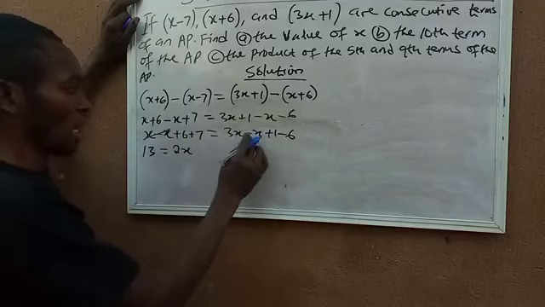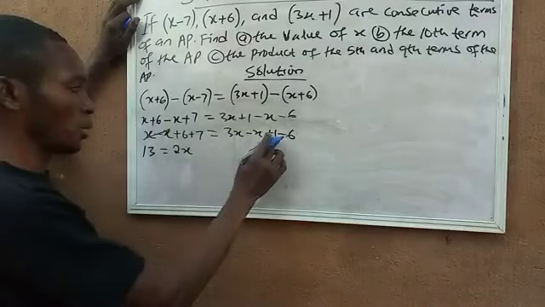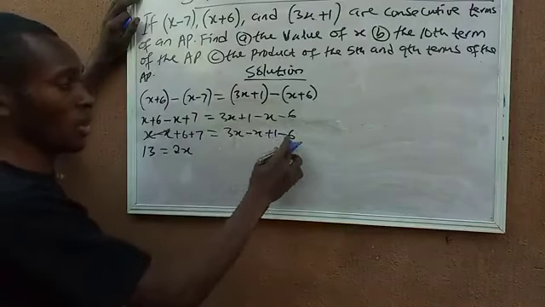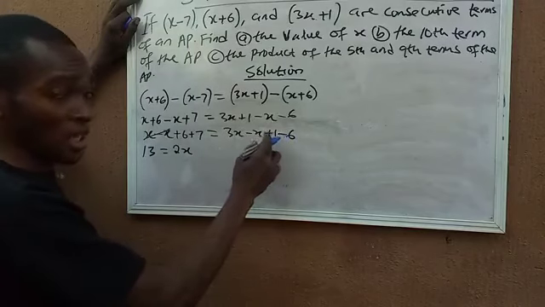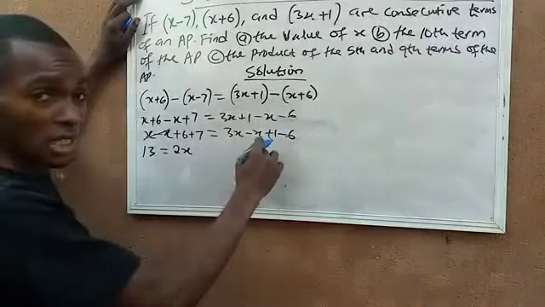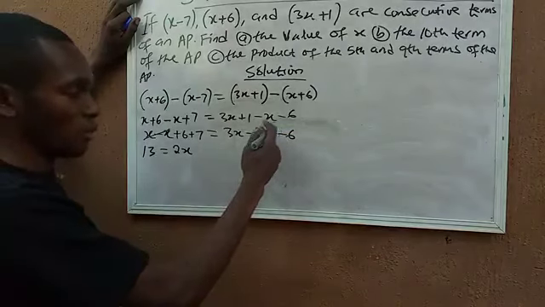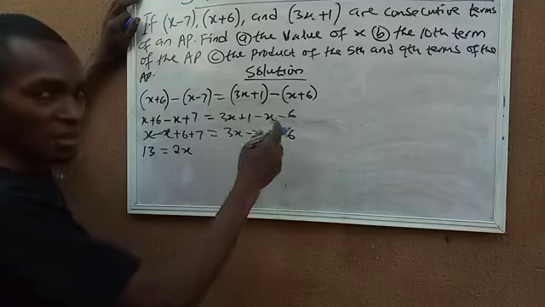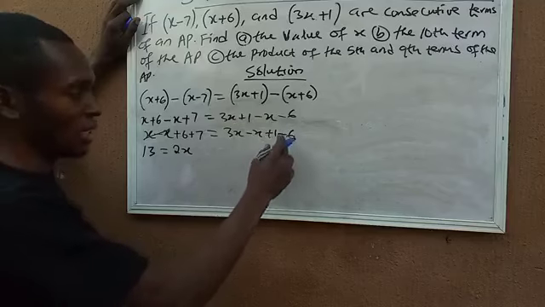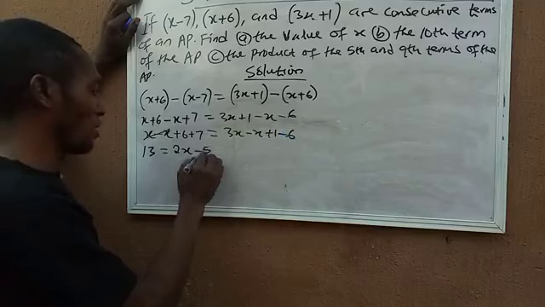Now we have plus 1 minus 6. Anytime you have a negative and a positive sign, you just subtract. 6 minus 1 is 5. What's the sign that the bigger number is carrying? It is minus, so we have minus 5.